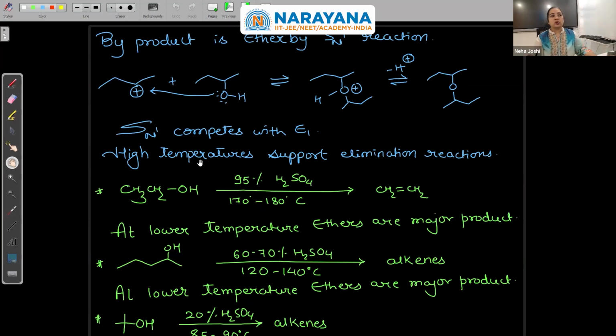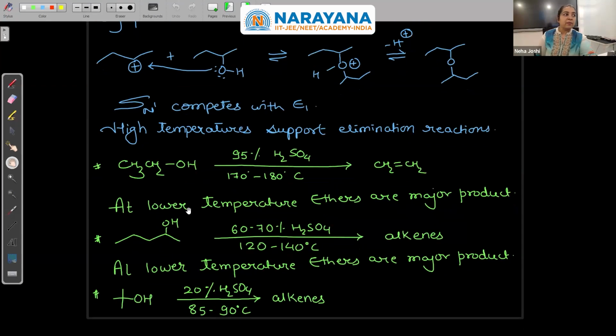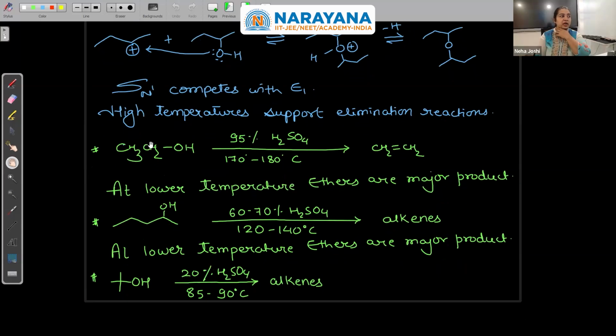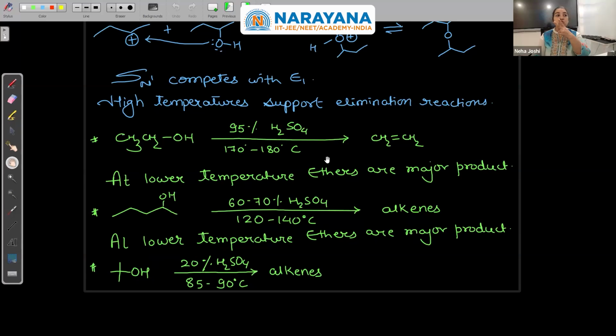That is a fixed trend. High temperatures will support elimination. Otherwise, you will have major dominance of the SN1 reaction rather than the E1 reaction. We have to have high temperature for elimination because eliminations are ultimately endothermic reactions. You have to break 2 sigma bonds, and against that you are forming 1 pi bond. So it is an endothermic reaction.